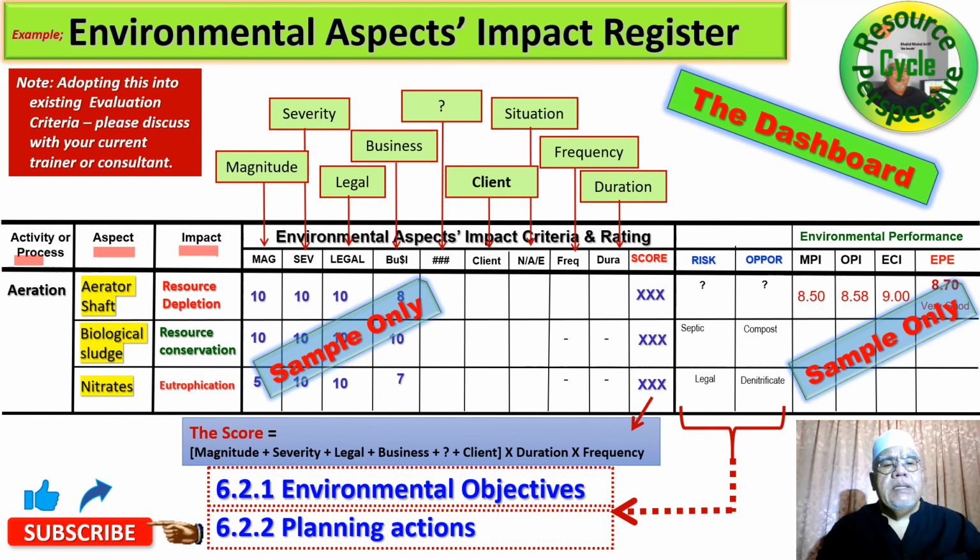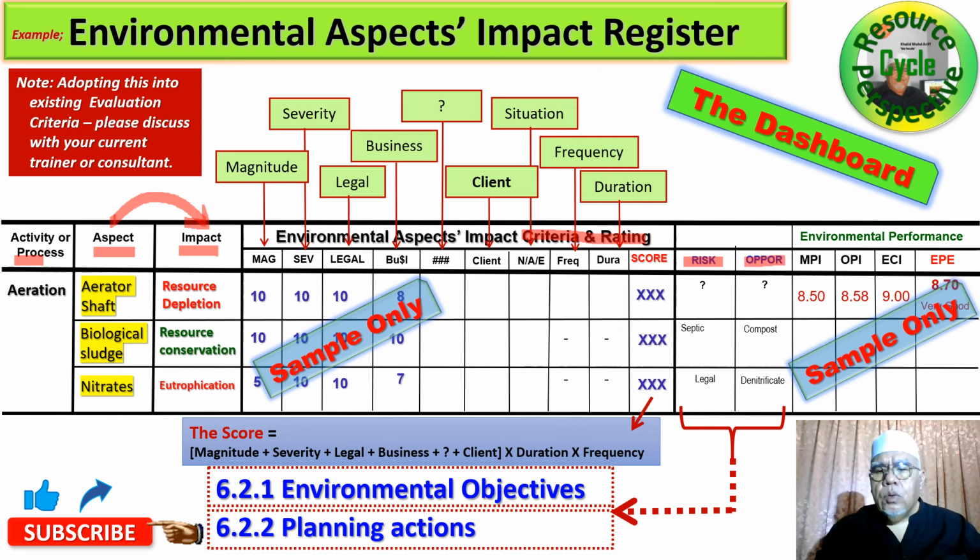Remember, this is related to input-output analysis. So by looking at this, you know whether this environmental aspect is input or output. And you've got all the criteria and rating. These are all the different types of rating criteria. And most importantly, I want to show you this. Risks and opportunities have got to be stated.